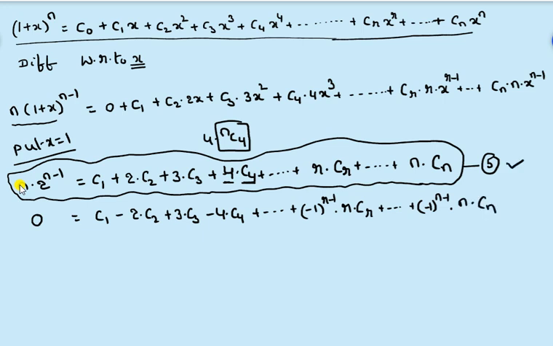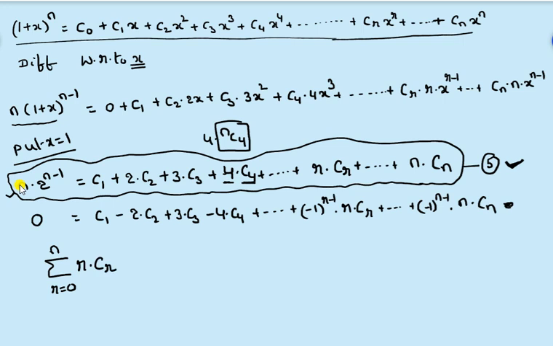The same equation, if alternatively plus minus is there, we are getting the answer as 0. So observe here, this one we can write in sigma notation as sigma r is equal to 0 to n, r into Cr, right?